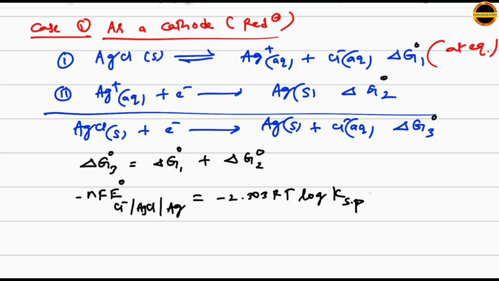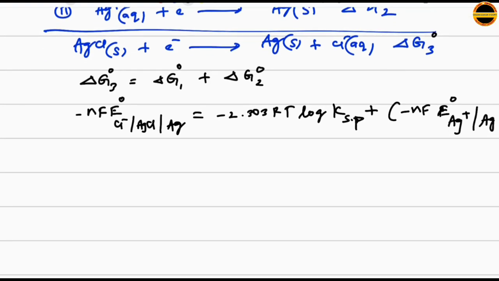Next, plus delta G2, how can we write it? NFE cell. Here it is the reduction part only, Ag plus to Ag, which is the delta G2 reaction. We substitute here.